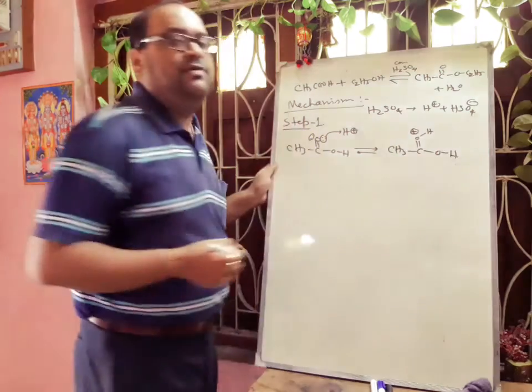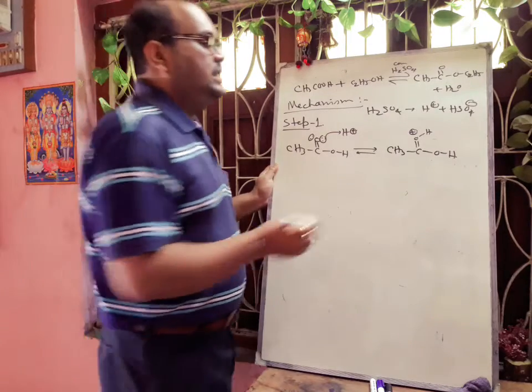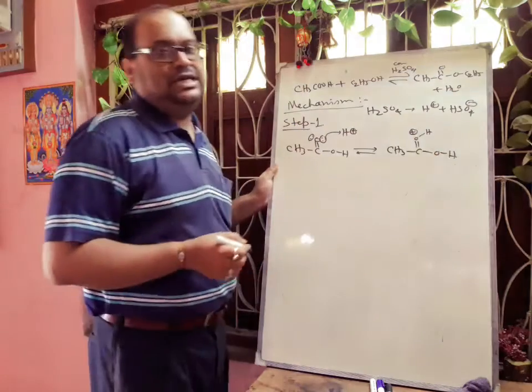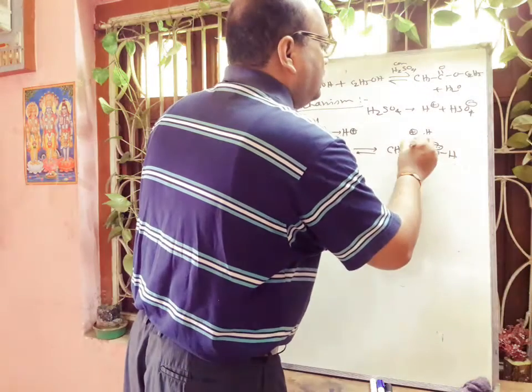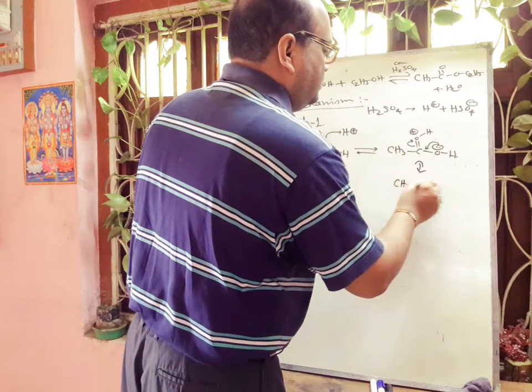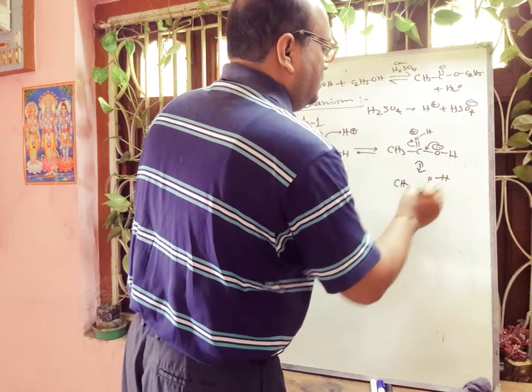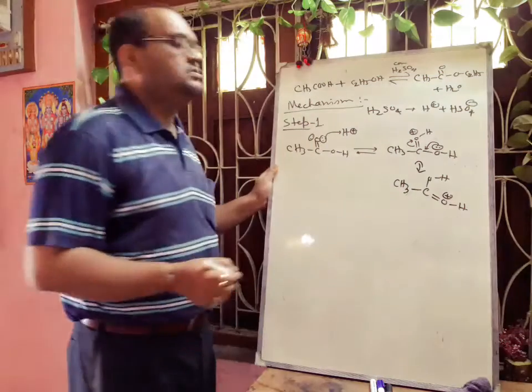This is the first step of the esterification reaction. Okay, and this protonated structure of carboxylic acid is stabilized by resonance. This type of resonance will happen here.